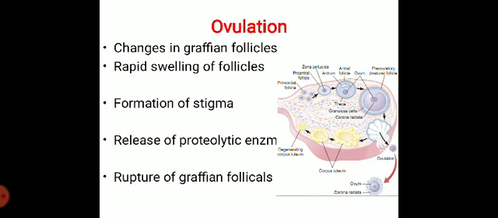Within 30 minutes of protrusion, fluid begins to ooze from the stigma, followed soon by rupture of the follicle with release of the ovum, which is surrounded by the corona radiata, into the peritoneal cavity near the fimbriated end of the fallopian tube. Thus, only one ovum is released from one of the two ovaries during each sexual cycle.